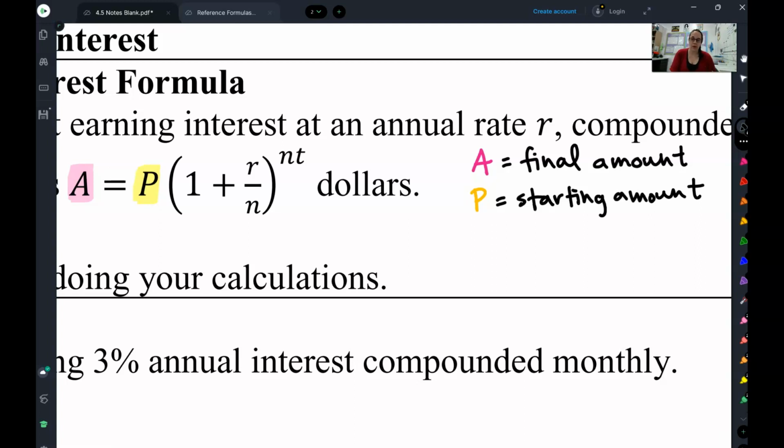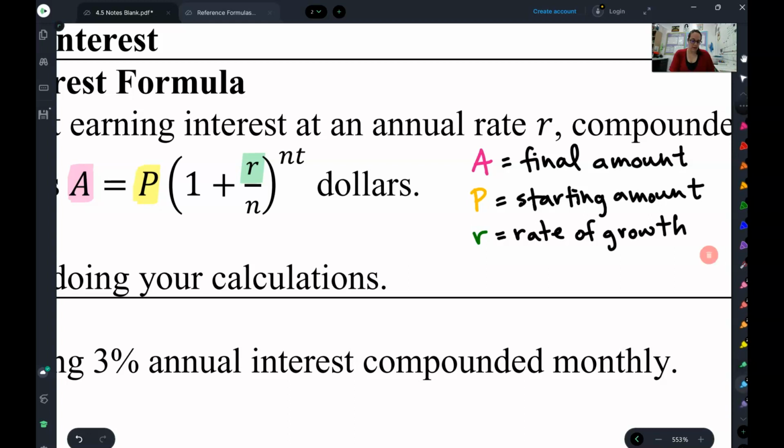Whatever you end with, the final amount, that's what we put in for A. Now, next we also have R. R is your interest rate, or basically your rate of growth. How fast is whatever you started with growing? And then we have N.